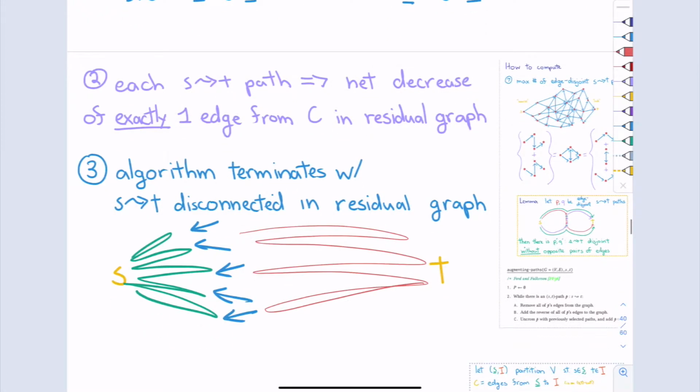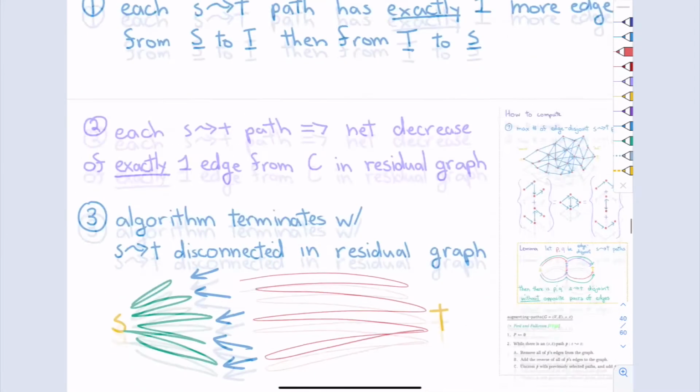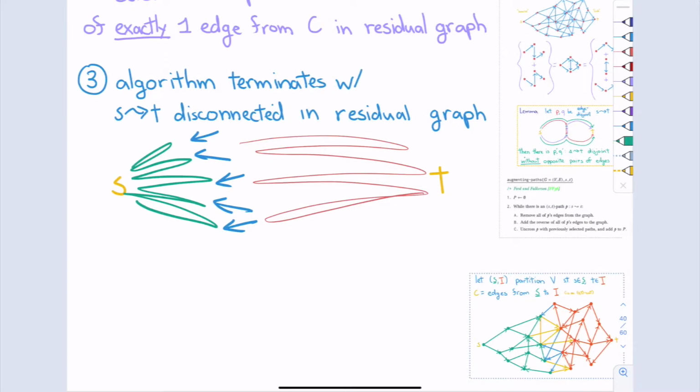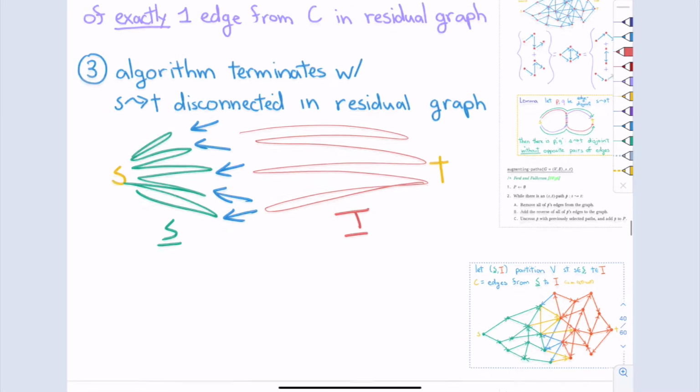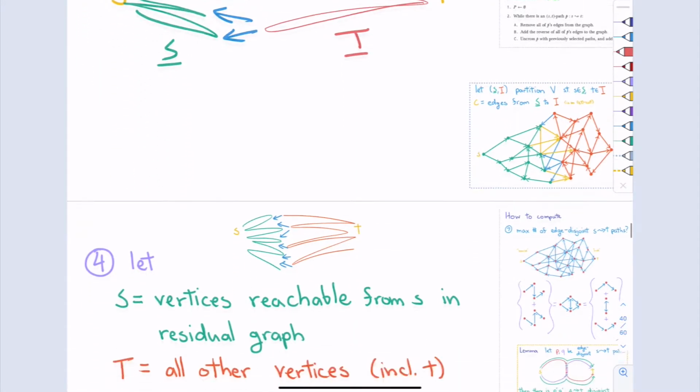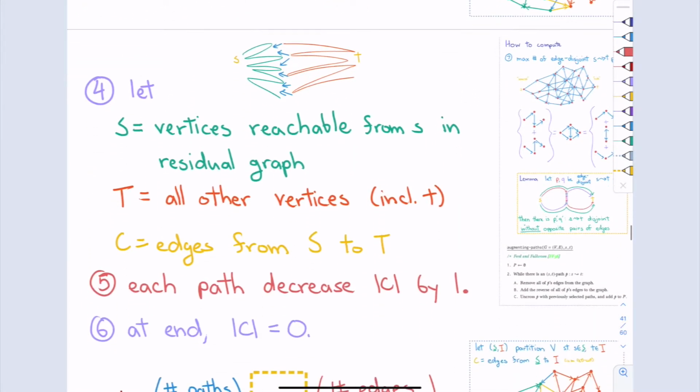So in hindsight, suppose I had taken the part that S can reach, at the end, as that capital set S, and everyone else as the capital set T. We'll retroactively fit my first picture.